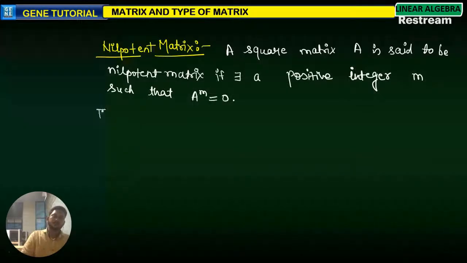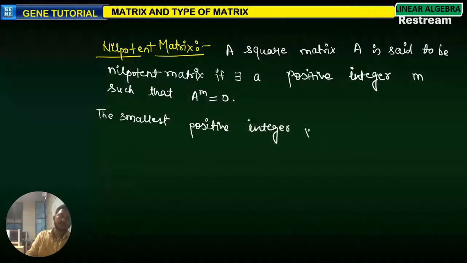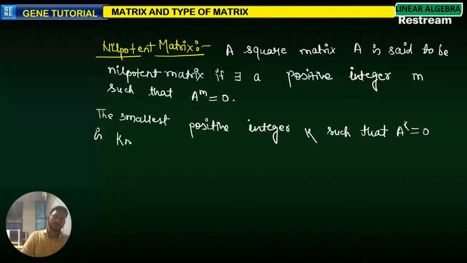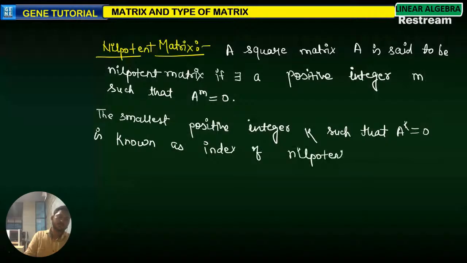This is our nilpotent matrix. The smallest positive integer k such that A to the power k equals 0 is known as the index of the nilpotent matrix.